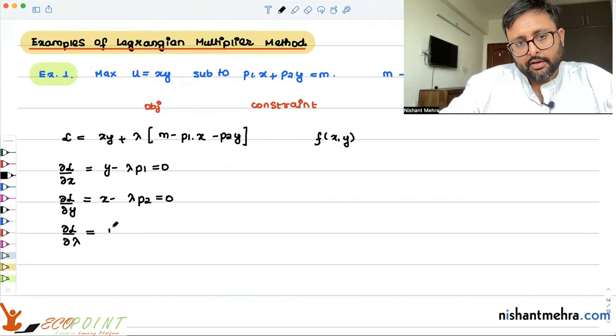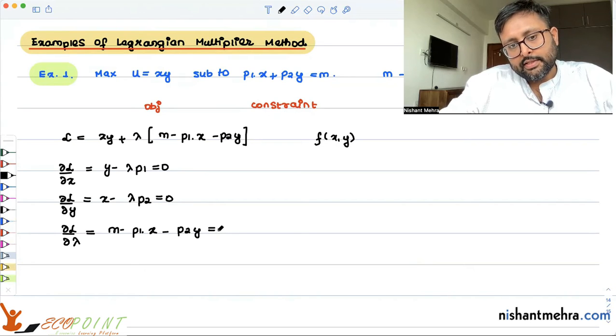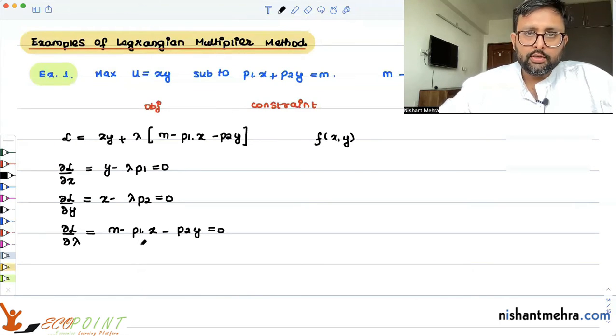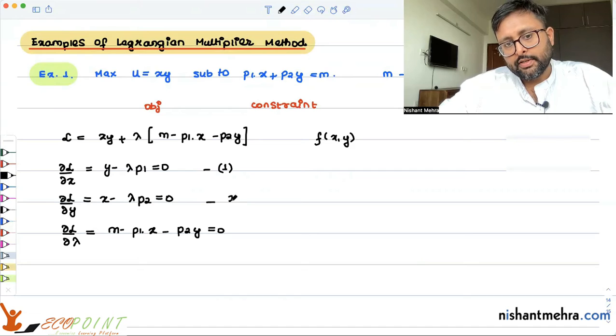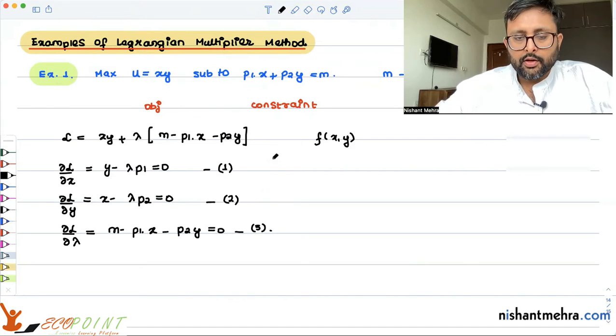And del L by del lambda is M minus P1X minus P2Y equals to 0. And you know now that all of them have to be solved simultaneously, right? They have to be solved simultaneously. So it is what?